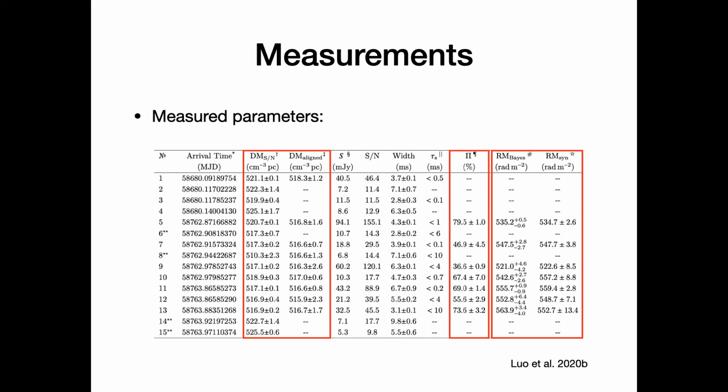I was curious if you tried to use, for example, the RM that you measure for the first burst, which is almost 100% polarized, and basically derotate all of the bursts to the same RM and see if the PA curves change at all.